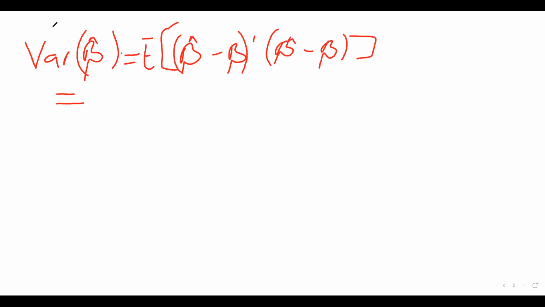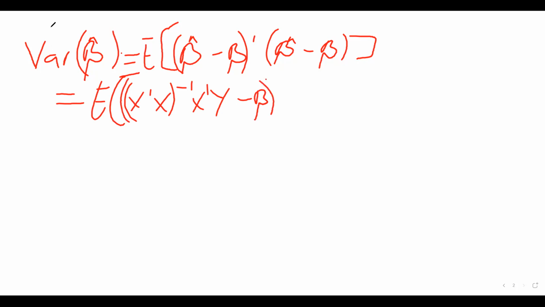This is equal to the expected value of beta cap, and beta cap itself is (x prime x) to the power negative 1, then x prime y. I can put all of this in a bracket, and then you have minus beta, all to the prime.